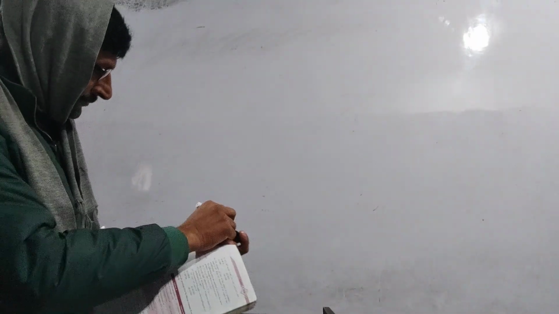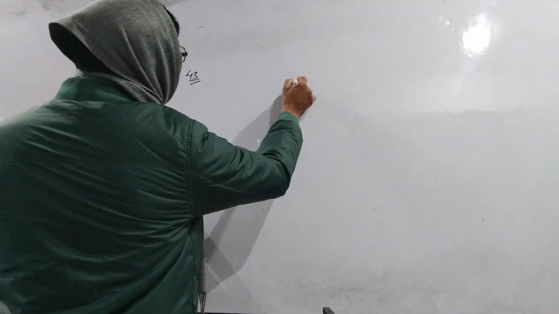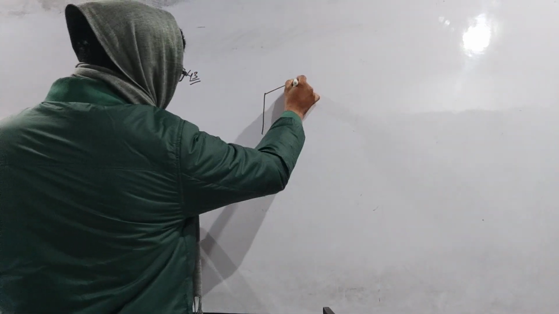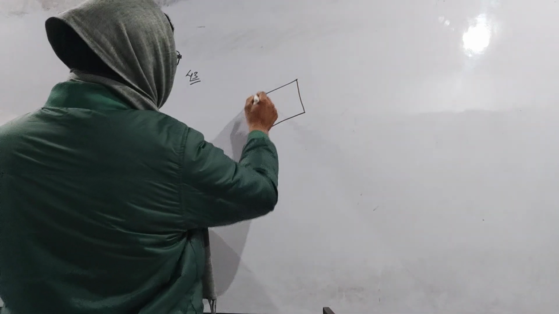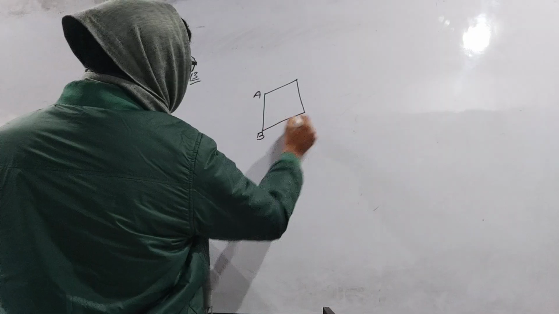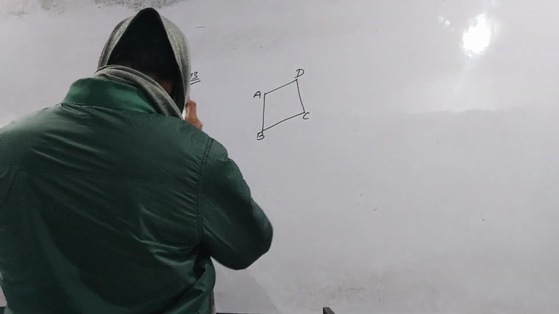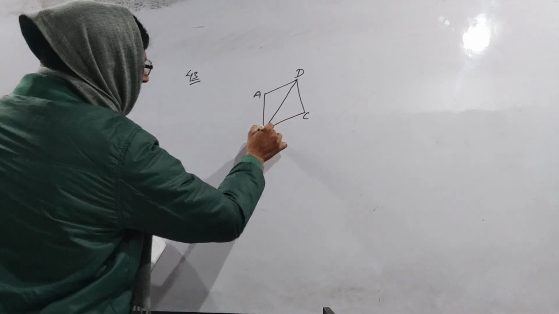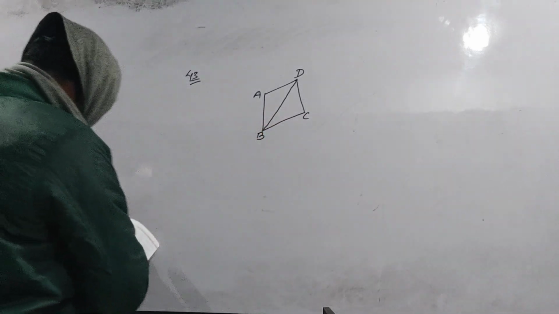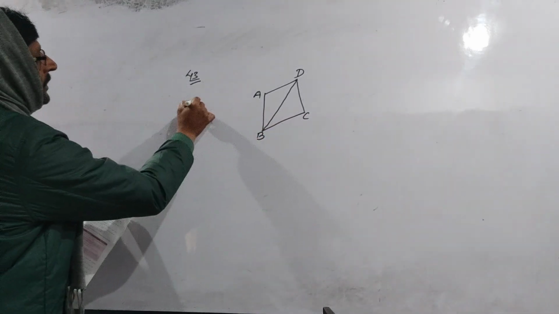Okay, that is question number 40. A, B, C and D. Here AB is equal to BC.